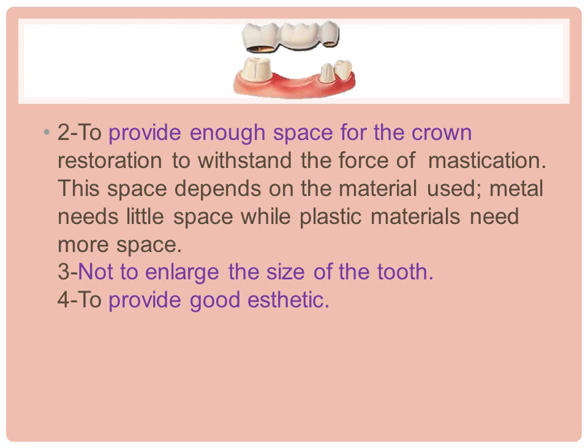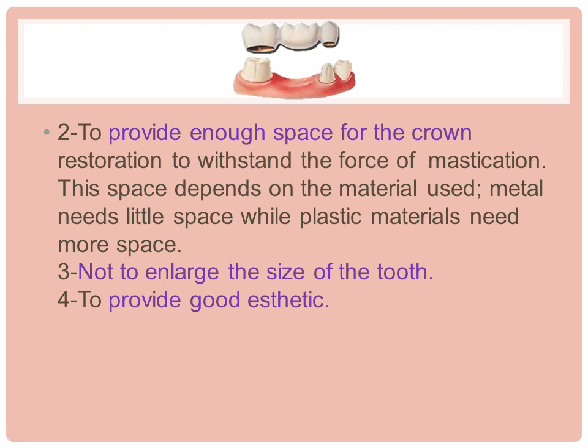The second objective of tooth preparation is to provide enough space for the crown restoration to withstand the force of mastication. I mean that the material from which I make the crown must have a thickness that allows it to withstand the force of mastication without deformation or perforation.